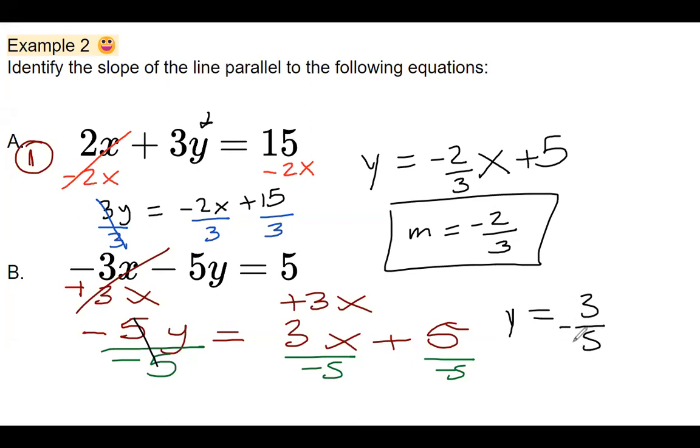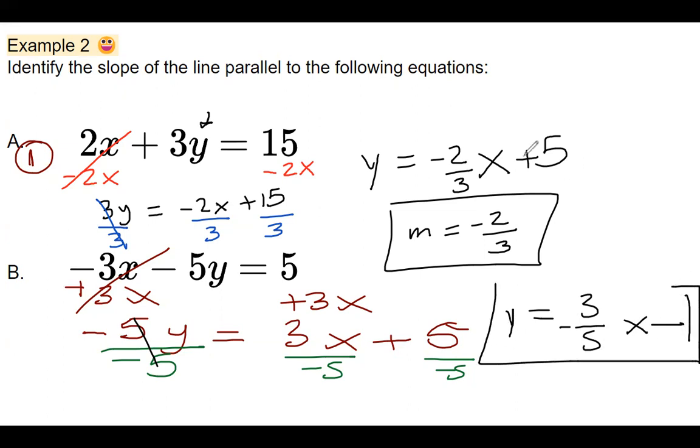So put your negative sign in the front. x and then what? What is negative 5 over 5? Can we simplify that a little bit further? Negative 1. So it'd be negative 3 over 5x minus, you said it right now, minus 1. There you go. Minus 1.